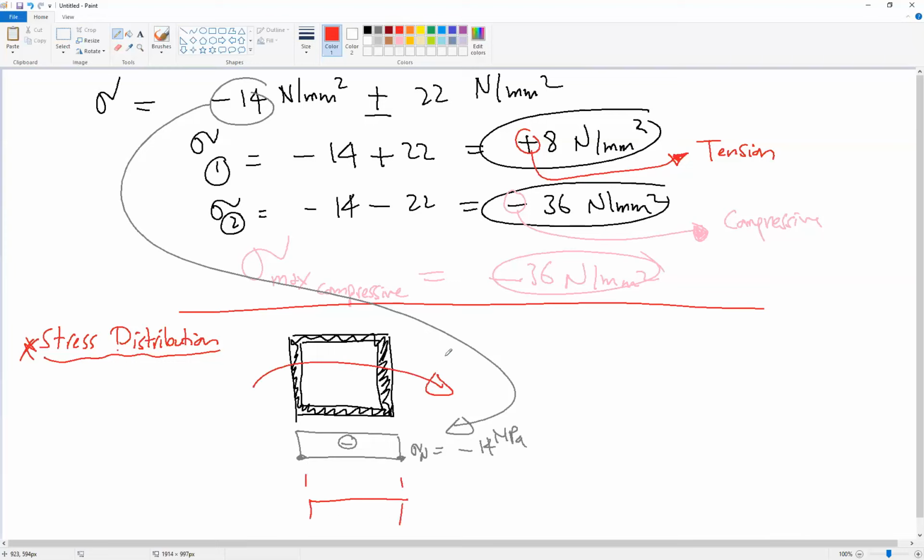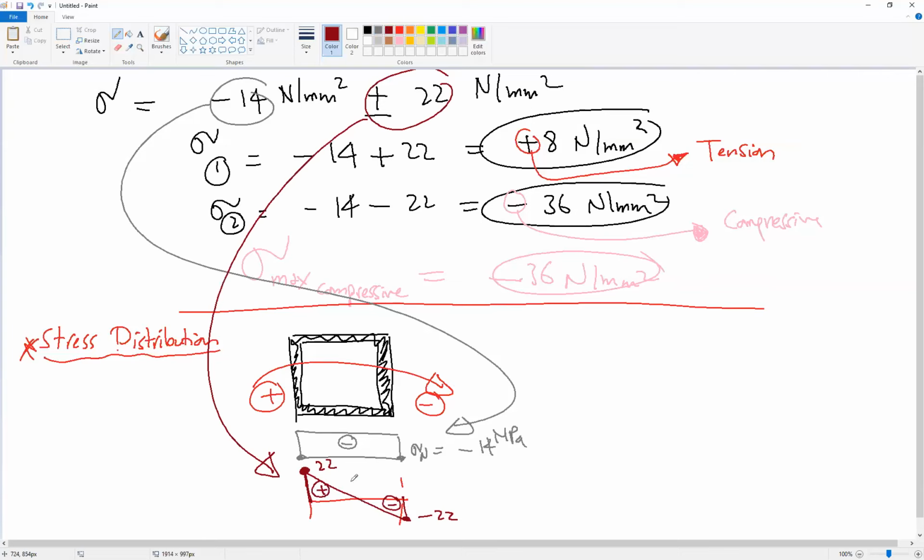here this was the moment, so tension in this side, compression in this side. So here we put this value, 22, and here negative 22. So this positive and this negative. So this is sigma m and this is sigma n. So the combination, or the final stresses, I put here.